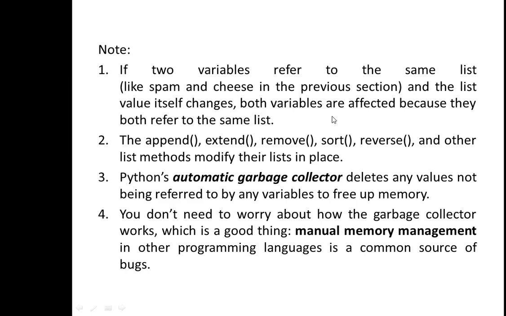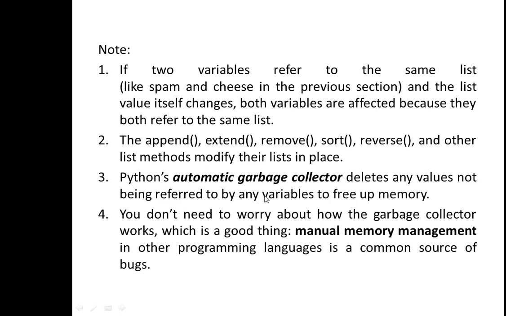And any alterations you do on your list, such as append, which we just did, or extend, remove, sort or reverse, will all happen to that list in place. It will not happen in a new memory location.